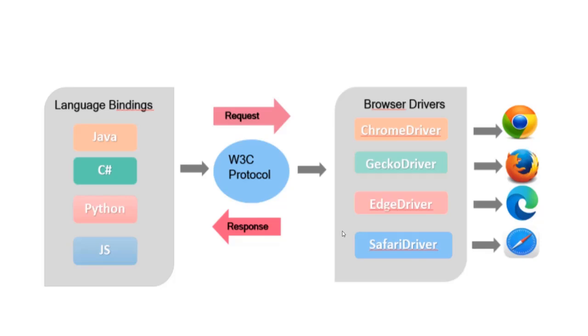Browser drivers in turn communicate with the real browsers. Here the W3C protocol is one thing you have to remember: after Selenium 3, which was using the JSON wire protocol, the W3C protocol is used to communicate with the browser drivers. So this is the overall architecture of Selenium WebDriver.